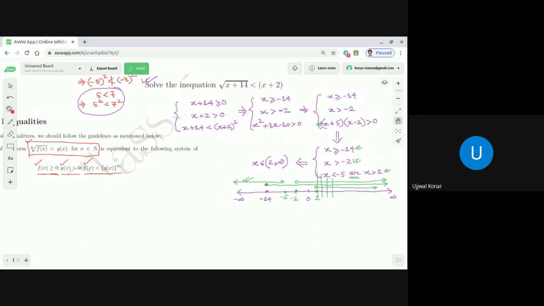Between 2 and minus 5, which one is more? 2. So either x is greater than 2, that's how you wrote it here. Or between 2 and minus 5, which one is smaller? Minus 5. So or x less than minus 5. Now after that we'll take the solution which is satisfied by all.